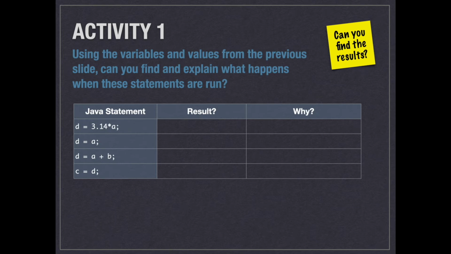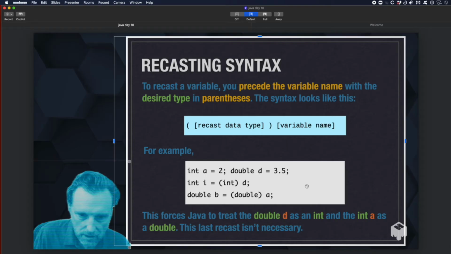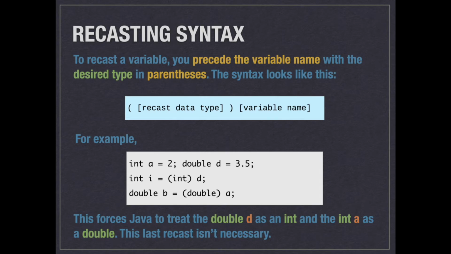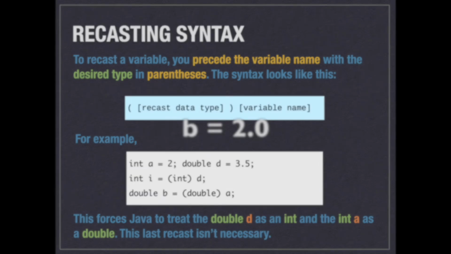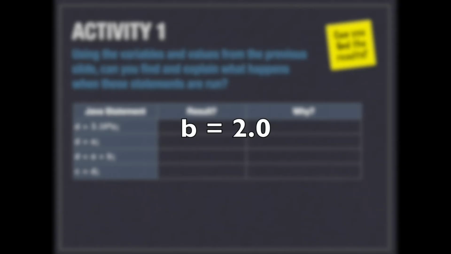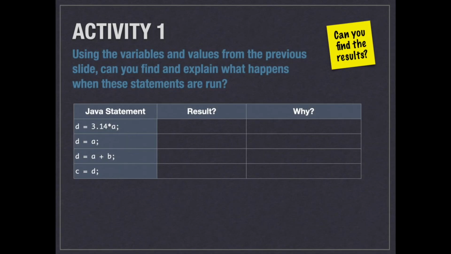So no issue with that. Third example, D equals A plus B. Okay, so we might need to look back at the previous slide to see what B was. B is a double, and it stores the value in A recast as a double, so it stores 2.0. All right, so A plus B, A is 2, but B is 2.0.